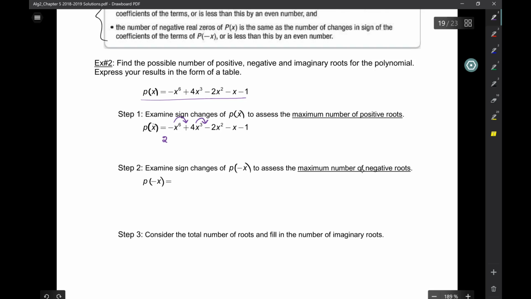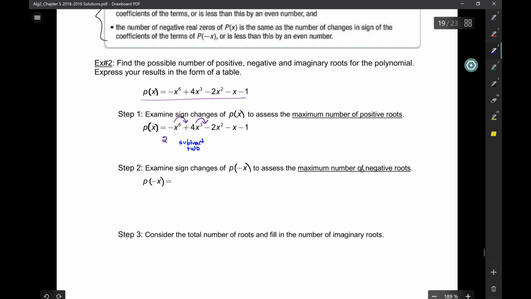So this tells you, how many total roots does this function have? 6. Because the sign changes twice, that says of the 6, you're allowed to have a maximum of 2 positive roots. Now, Descartes' rule says when you find that number, subtract 2.